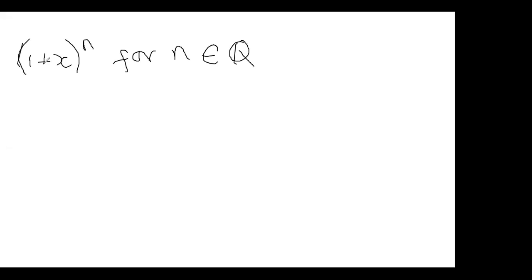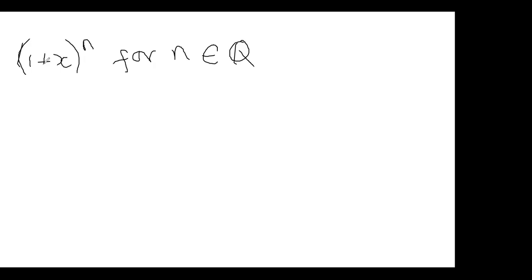So in the previous expansions, you noticed that we were just using the positive integers. So this one is general. So here we are now saying n is a rational number, meaning it can also be an integer. It can be a positive integer, it can be a negative integer.